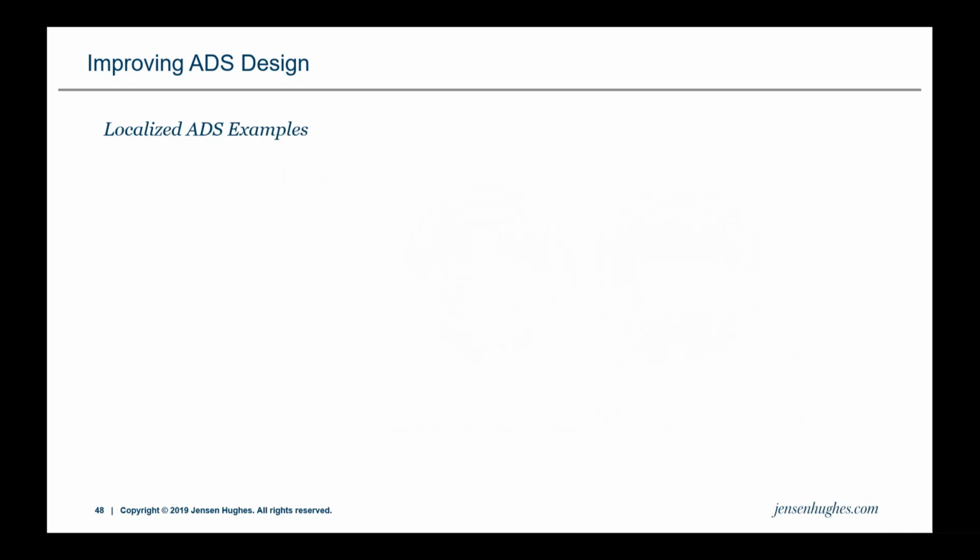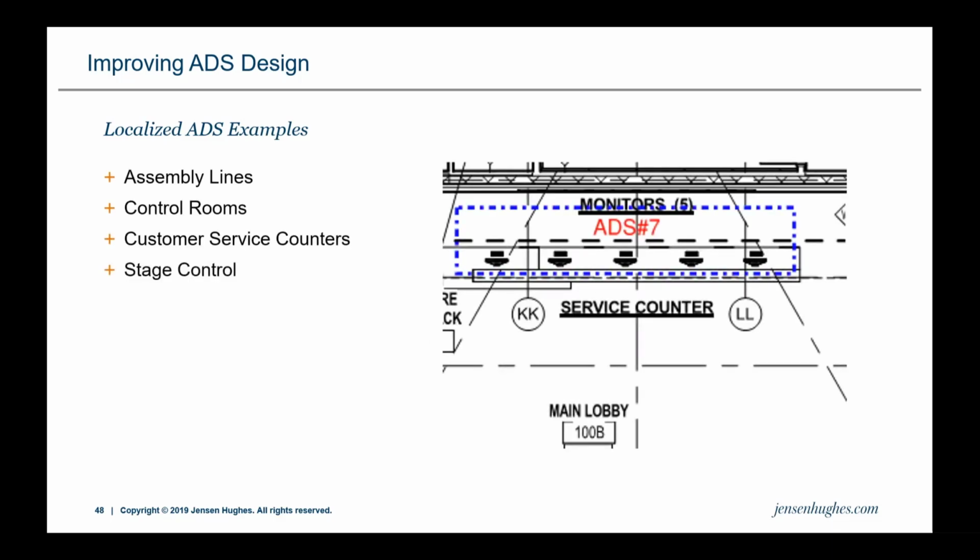Well, let's think of some examples. Assembly lines. We have workers that may be working right in a given area, and they're always in that given area. So can we provide some kind of intelligible voice for them rather than trying to flood the whole area with sound? Control rooms, customer service counters like at an airport or an airline gate, providing intelligible voice right where people are gathered versus trying to fill the whole space again.